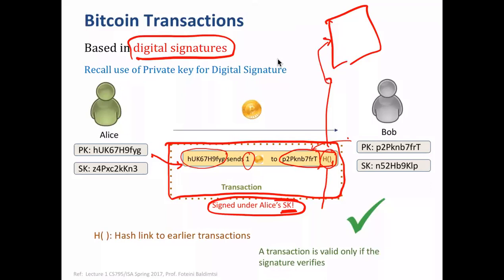So the hash links to earlier transactions, because now everyone can see where Alice got her bitcoins, and that she is not double spending. Any questions?